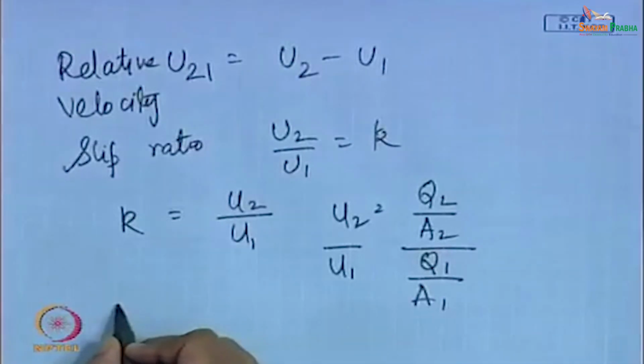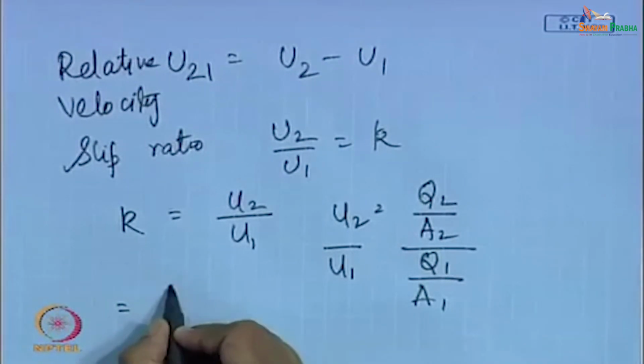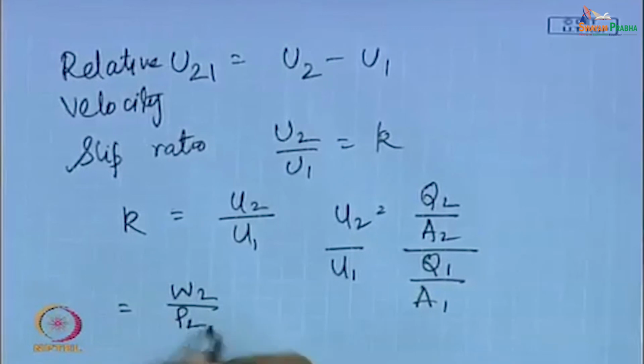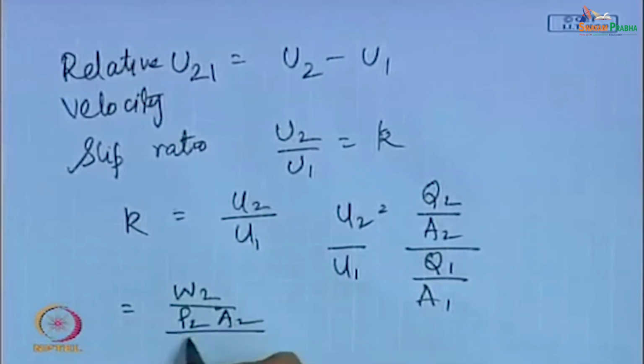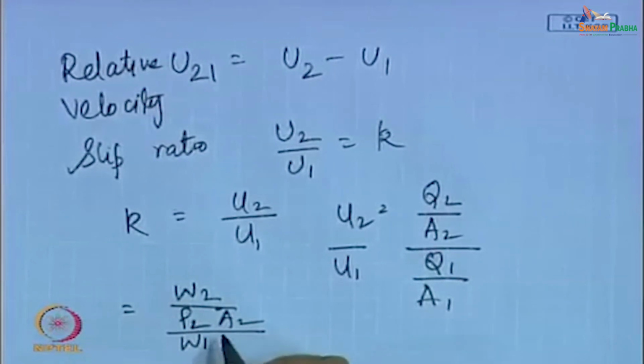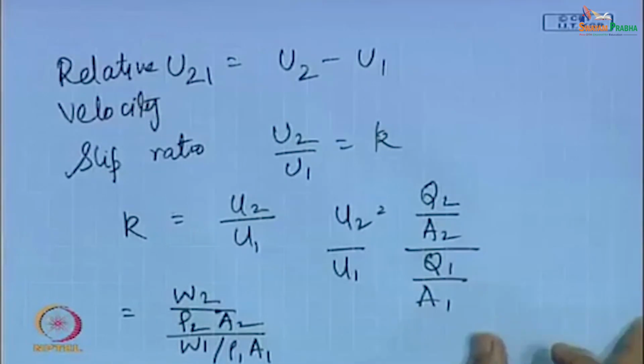So, therefore, what we would like to do is express Q2 as W2 by rho 2 A2, and Q1 as W1 by rho 1 A1.